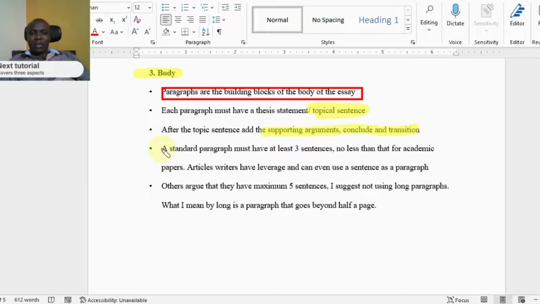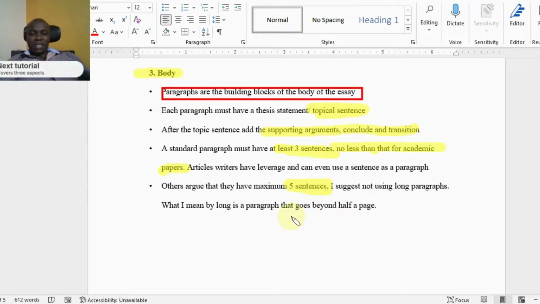So I say a standard paragraph must have at least 3 sentences, and no less than that for academic papers. Article letters, leave that alone. Others argue that they have a minimum of 5 sentences. In fact, a good paragraph must have a minimum of 5 sentences. I also suggest not using longer paragraphs.